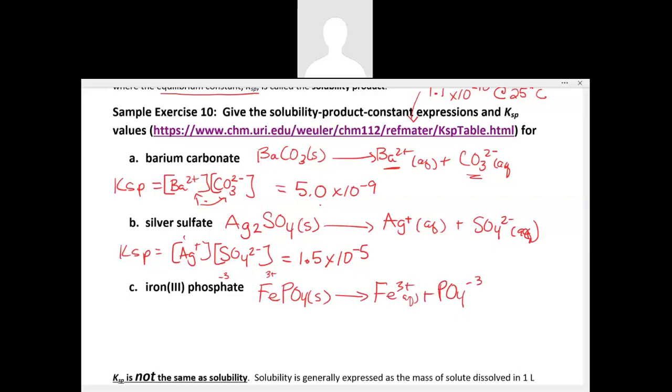Of course, we're in solution here. And so what does our Ksp expression look like here? We're going to take the concentration of iron 3+ and our phosphate 3-, and we're going to set this equal to one last value that we pulled from that table. So we're going to have 1.0 times 10 to the negative 36.